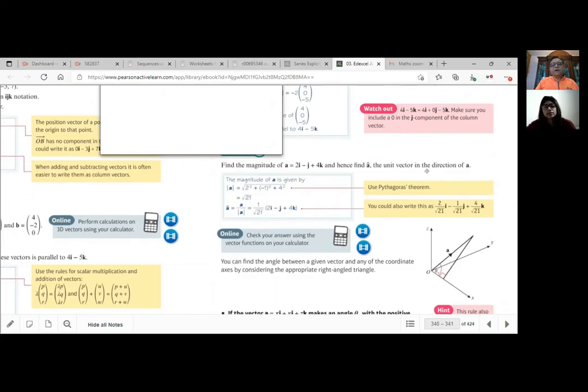The magnitude of A is the square root of 2 squared plus (minus 1) squared plus 4 squared. So 4 plus 1 plus 16, that is 21, square root of 21. When you divide each coefficient by the square root of 21, you get the unit vector. So that is how you get a unit vector.